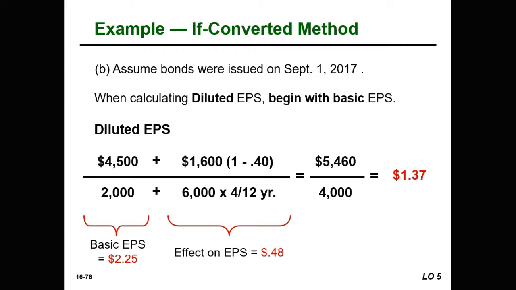Remember, we use the if-converted method. So if it's already been at play in the entire year, we expect the entire year. If the issue is in the year, then we go from that point forward and we do weighted shares based off the time that they would have been converted.